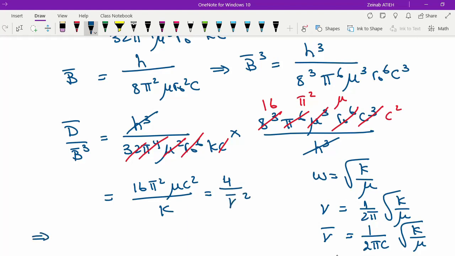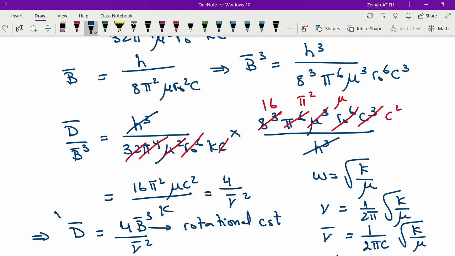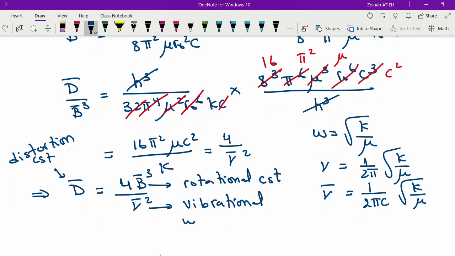So now we arrive at this relation: D bar equals 4 B bar cube divided by mu bar squared, where B is the rotational constant, D is the distortion constant or the centrifugal distortion constant, and mu bar is the vibrational wave number of the bond.